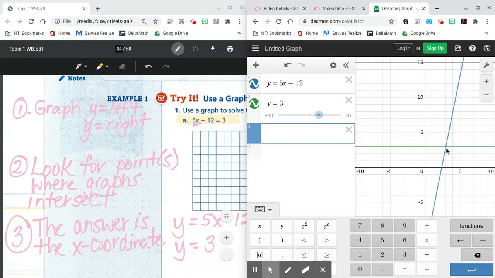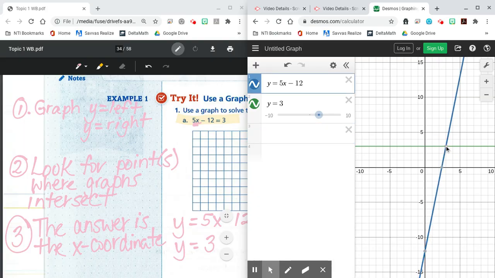Then I have to figure out the coordinate of the intersection. So I'll click on there with Desmos, it's intersecting at the point 3, 3. And then step 3 says the answer is the x coordinate. So the answer to that is x equals 3, which you probably already knew because you probably already solved this in your head, but I can just look at the graph and say, well, hey, x equals 3 by looking at the graph.